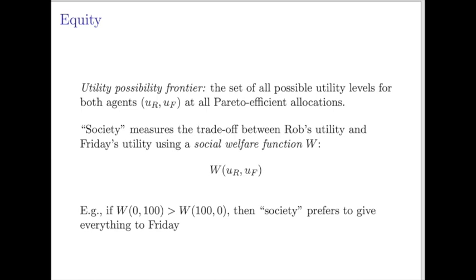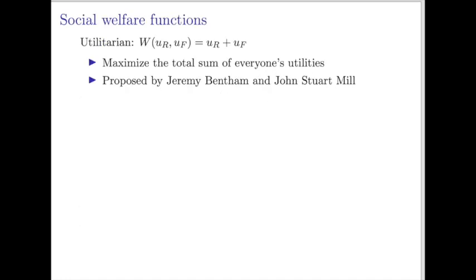So, for example, this person might say, well, listen, giving 0 utility to Rob and 100 utility to Friday is better than giving 100 utility to Rob and 0 utility to Friday. So this would be a society that prefers giving everything to Friday over giving everything to Rob. That's just one example of a welfare function.